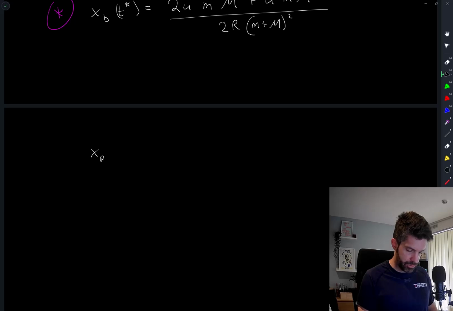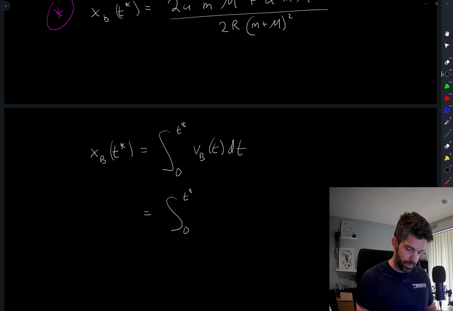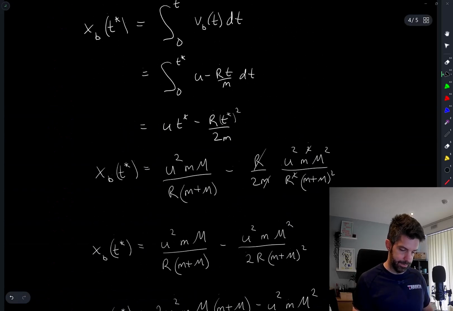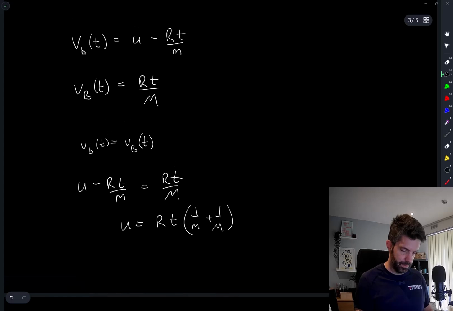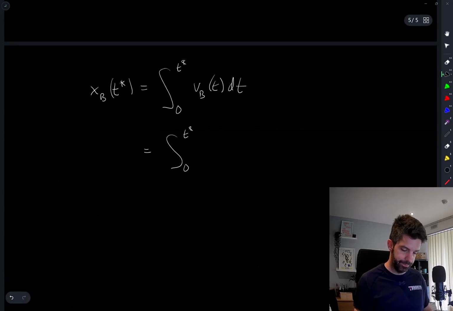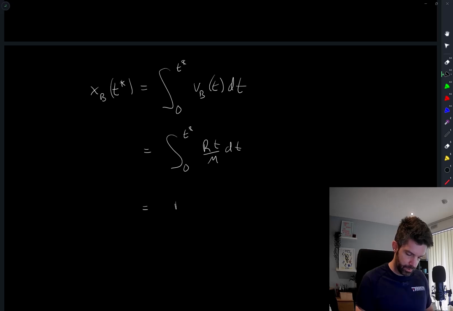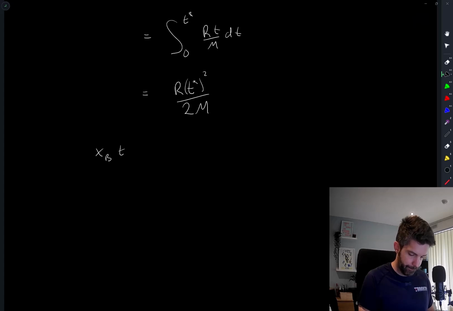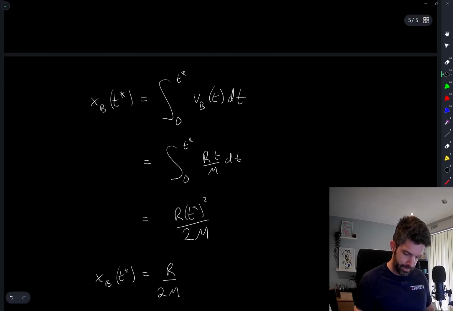So we want to find the absolute position also of the block at time t star, which is the integral from 0 to t star of the velocity of the block, which is the integral from 0 to t star of capital Rt over capital M. This is R t star squared over 2 capital M. And what is t star again?